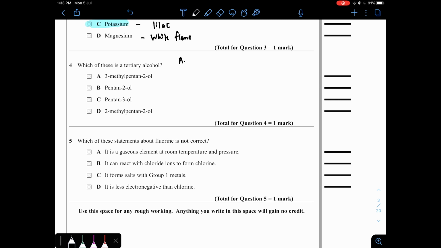So 3-methyl: 1, 2, 3, and then you have a methyl group, then you have OH.